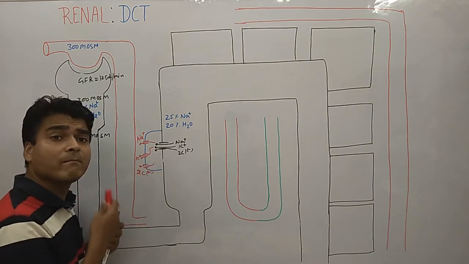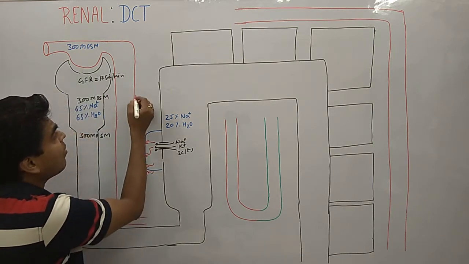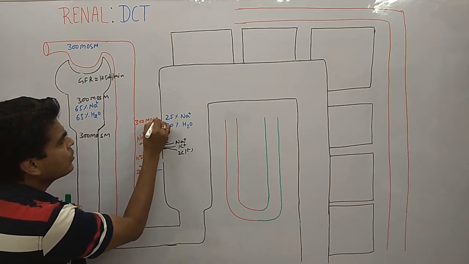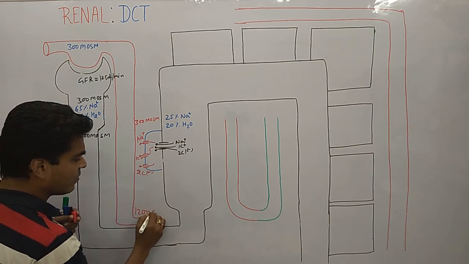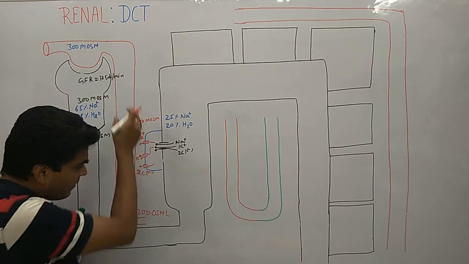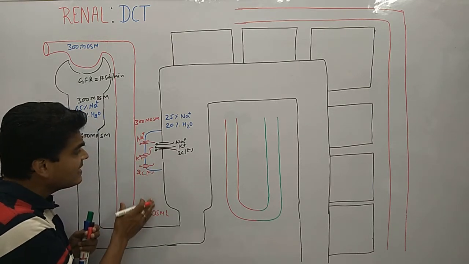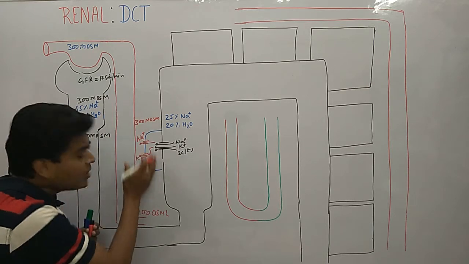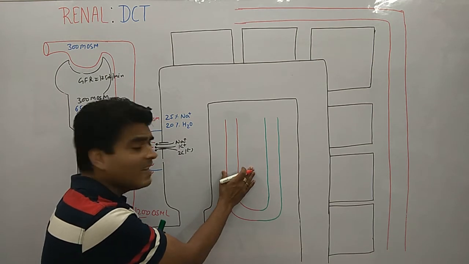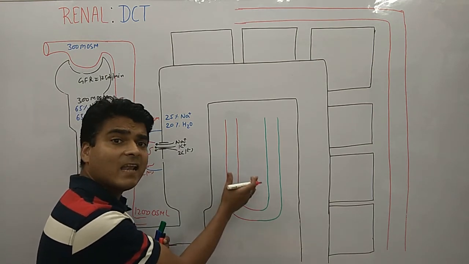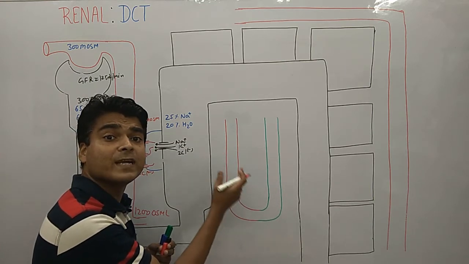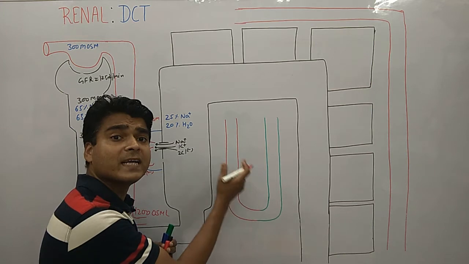This way we maintain the medullary osmotic gradient, from around 300 milliosmolar to 1200 in this direction. As we move down, the osmolarity increases. We also discussed the vasa recta. What help does it give? It maintains the interstitial osmotic gradient.